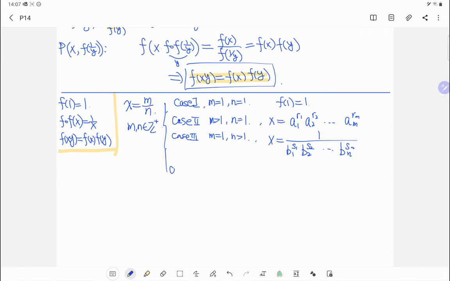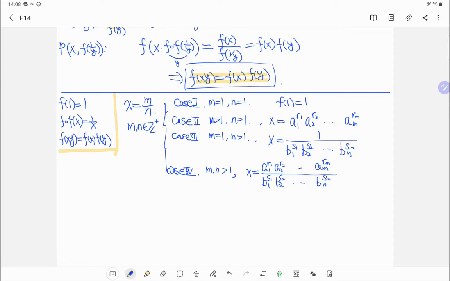And for case 4, which will be the general case, both m and n are larger than 1. So x can be written as a1 to the r1 power, a2 to the r2 power, all the way up to am to the rm power, over b1 to the s1 power, b2 to the s2 power, all the way up to bn to the sn power.